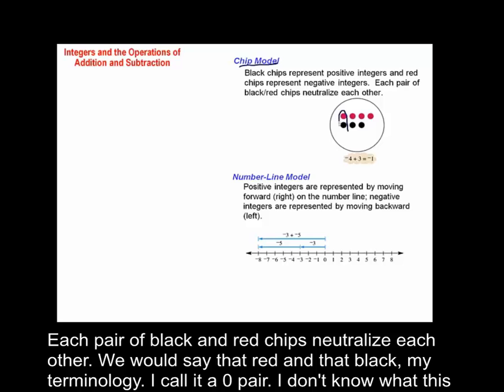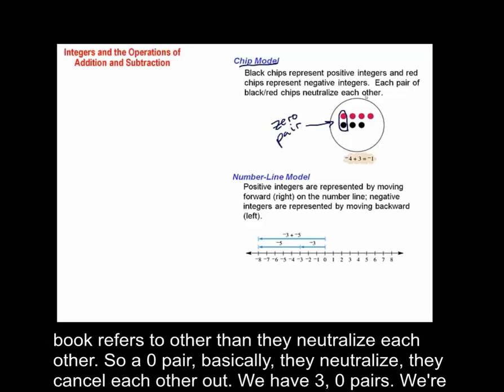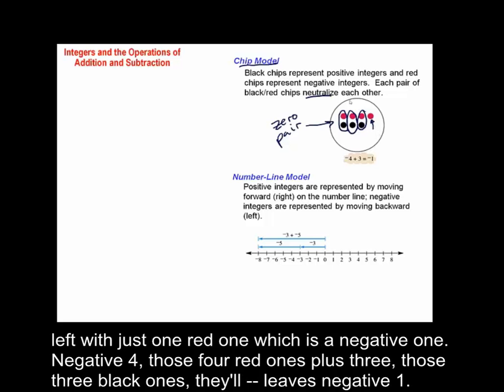In my terminology, I call it a 0 pair. I don't know what this book refers to them as, other than that they neutralize each other. So a 0 pair, basically they cancel each other out. So we have 3 0 pairs. We're left with just one red one, which is a negative. So -4, those 4 red ones, plus 3, those 3 black ones, they'll leave -1.